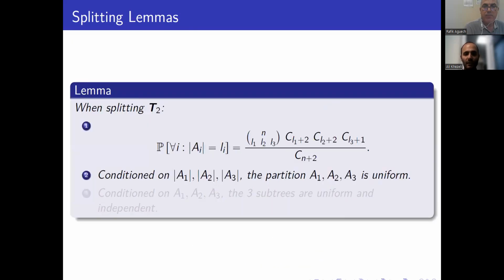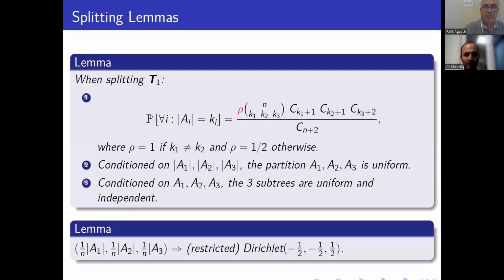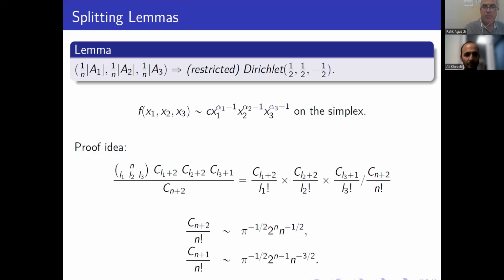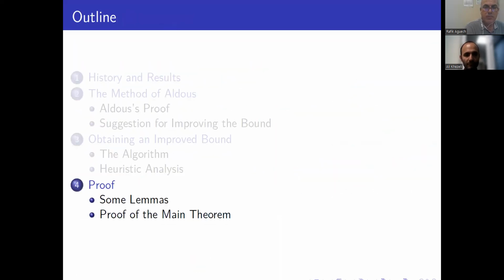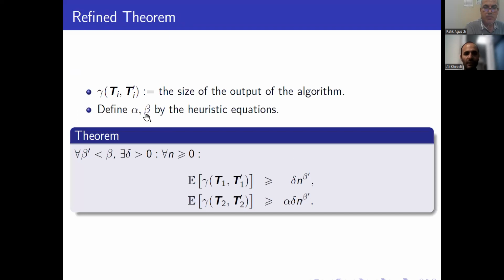Actually, I have proved this theorem. Here. I have proved that for the alpha and beta, which are obtained by the equation that we have, we have this result. But this result is based on some heuristic results.